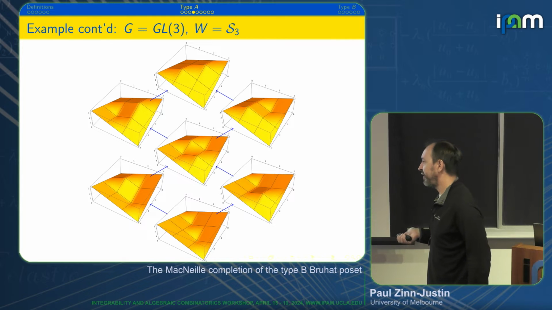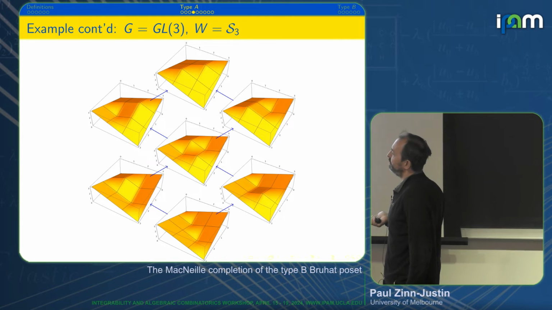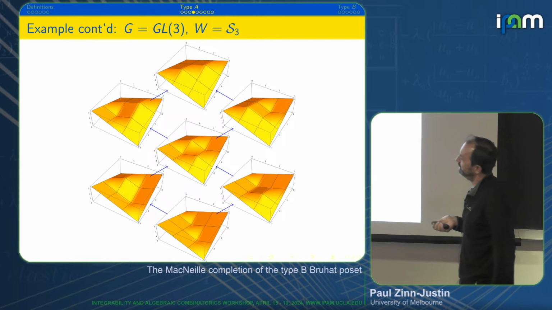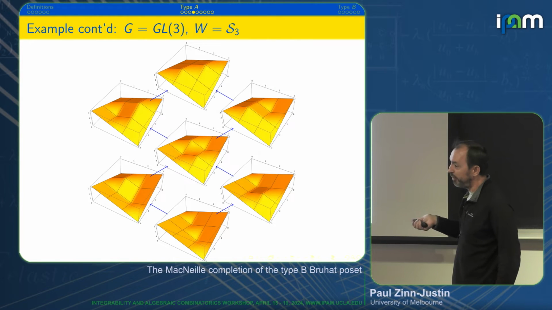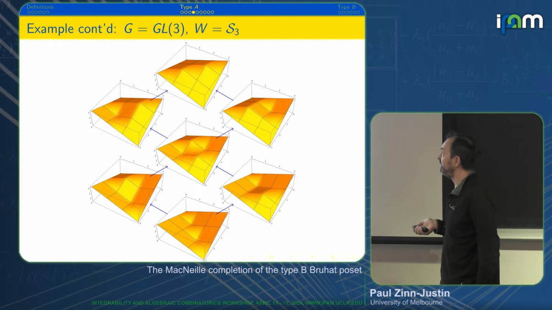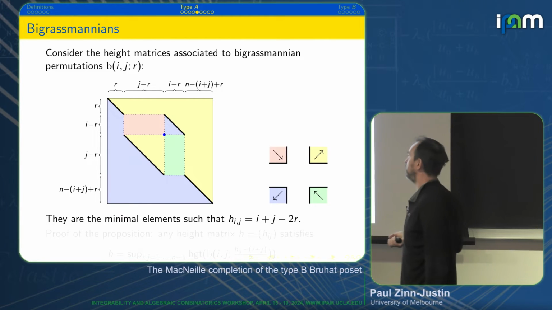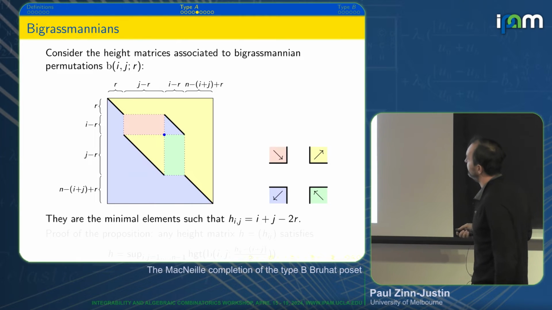And so the way you're going to say that is, if it's in the poset, that means you should be able to express this height function as the supremum of some configurations from the original poset. So you're going to do that completely explicitly. You're going to write this height function as the sup of a bunch of height functions associated to the original poset, so to your permutation matrices in some sense.